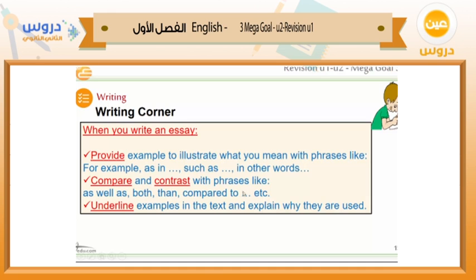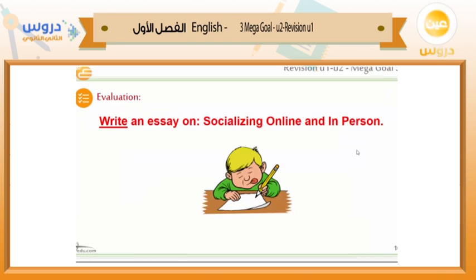Compare and contrast with phrases like as well as, both, than, compared to, etc. Underline examples in the text and explain why they are used. Now, write an essay on socializing online and in person.